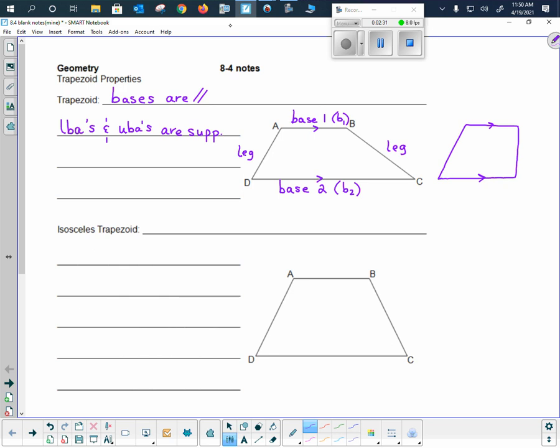And we know supplementary means they add to 180. Okay? But I'm going to make the stipulation that we're talking about side pairs only.